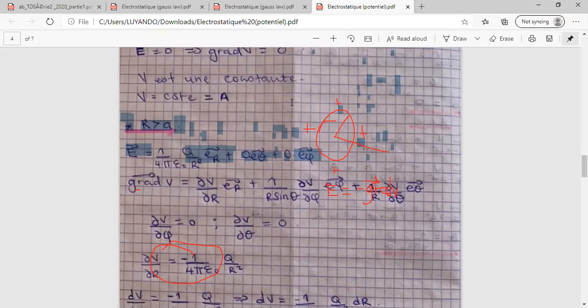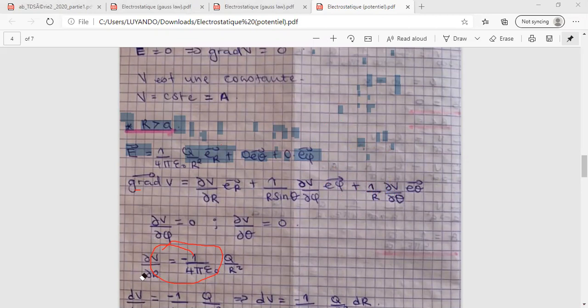You're supposed to know it, at least if you do not know how they derive it, know it by heart, because they won't really ask you how to derive it. They will just tell you to use it, like how you need to use it now. So our gradient is equal to this. And since our E is equal to the negative of the gradient, this is what we have here.